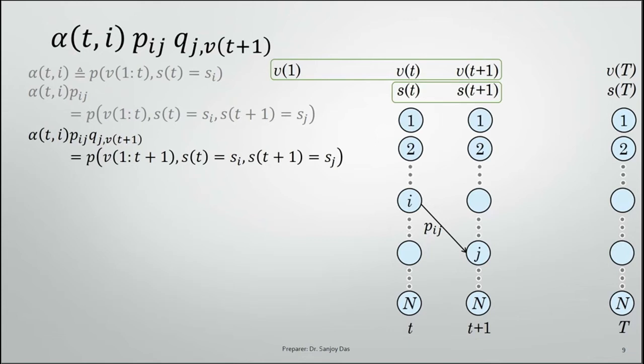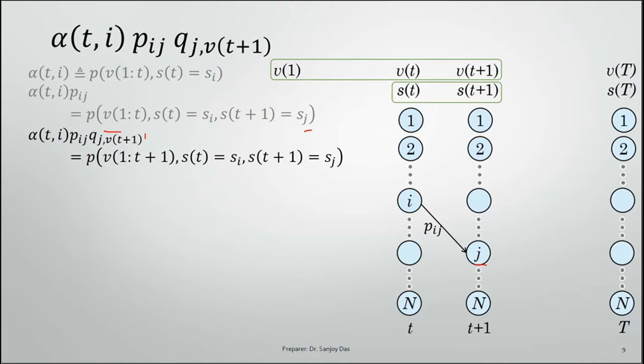Now I multiply that with the emission probability Qj(Vt+1). So at T+1, the HMM is in state j, and this Qj(Vt+1) is the emission probability of emitting the Vt+1 symbol from state j.